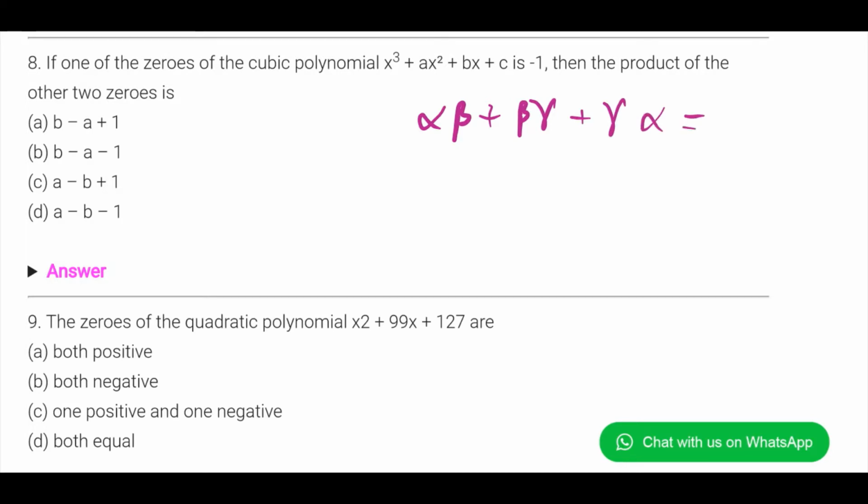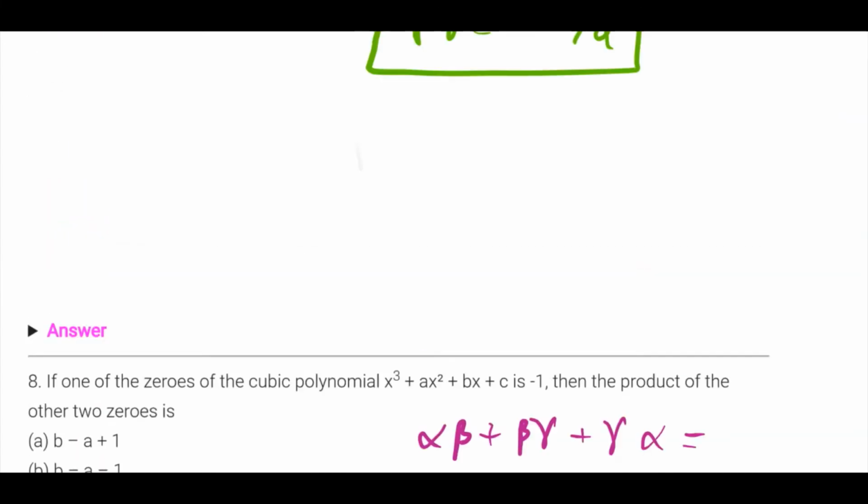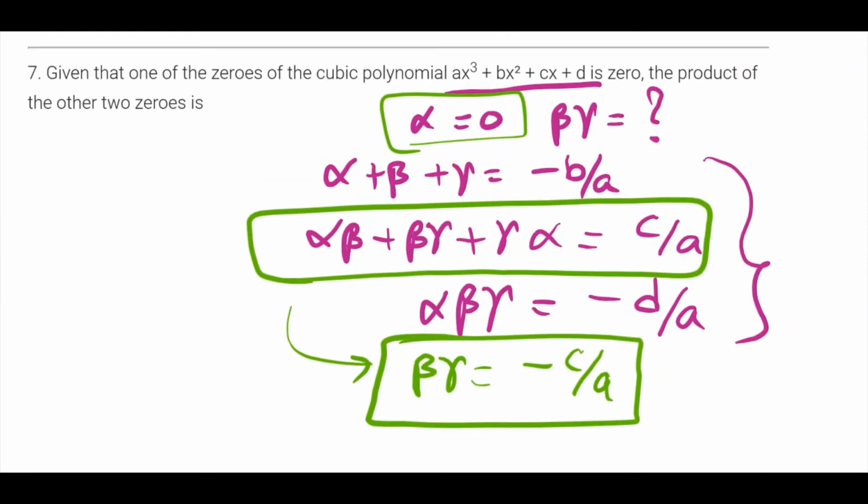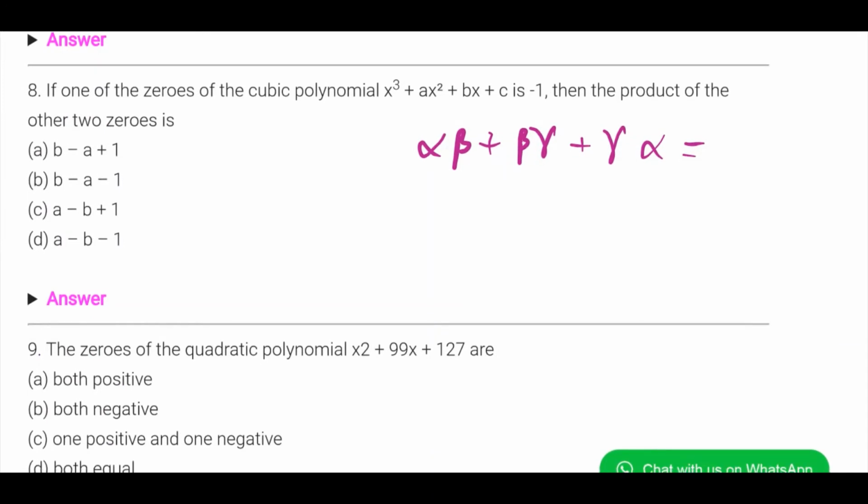Here, if you go to the previous question, c by a stands for coefficient of x by coefficient of x cube. Here the coefficient of x is b, and the coefficient of x cube is 1, and we have that one of the zeros is minus 1. Let us assume that alpha equals minus 1.